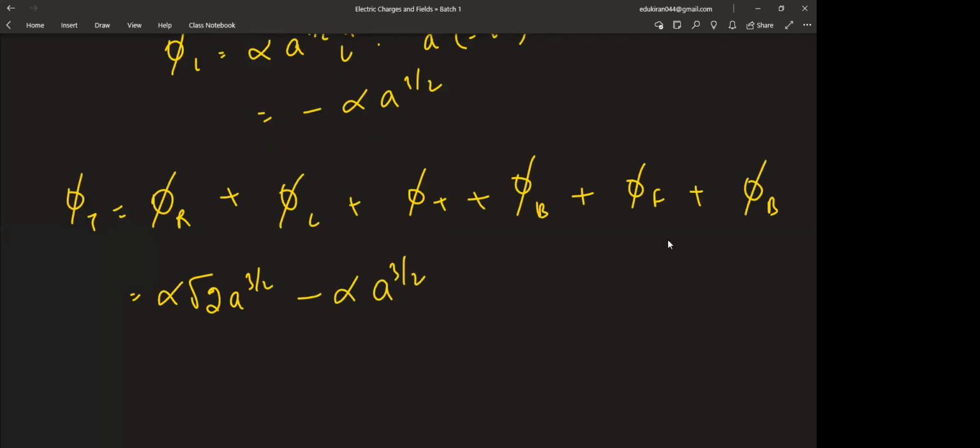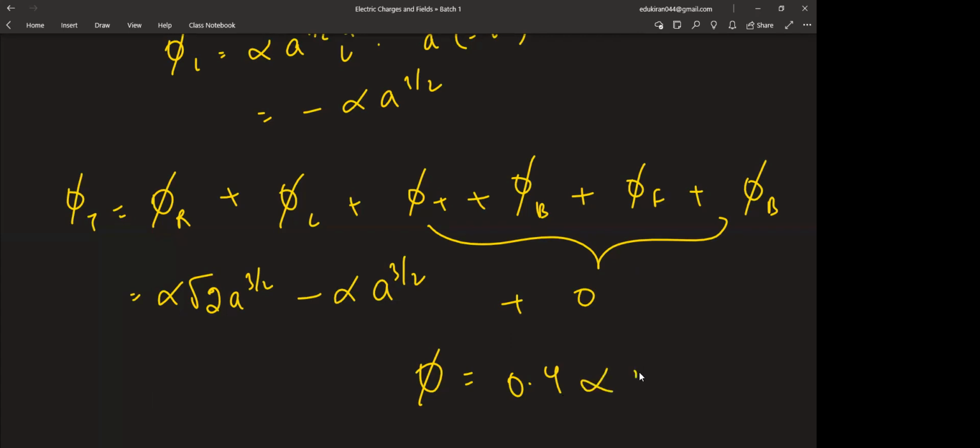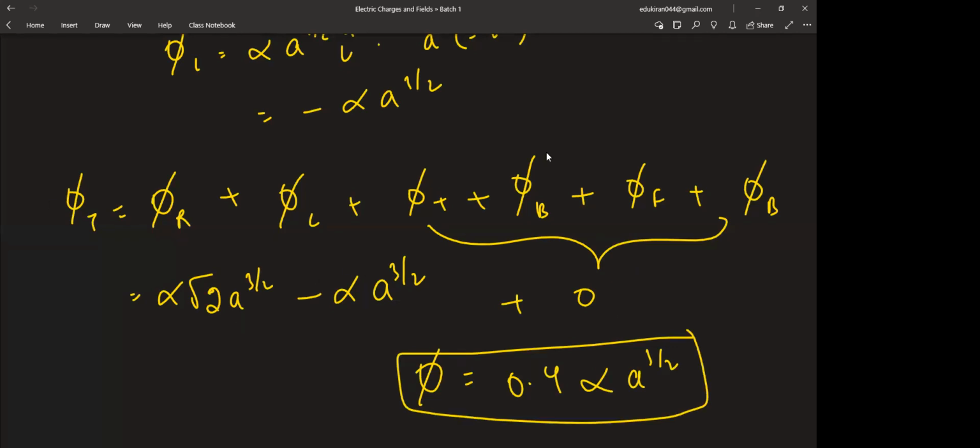Rest all of these are plus 0. So what is the total flux? Total flux can be written as alpha a to the power 3 by 2 times root 2 minus 1. Root 2 is 1.41 and 1.41 minus 1 would be 0.41 something. So this is 0.4 alpha a to the power 3 by 2. You can leave it at this step also.